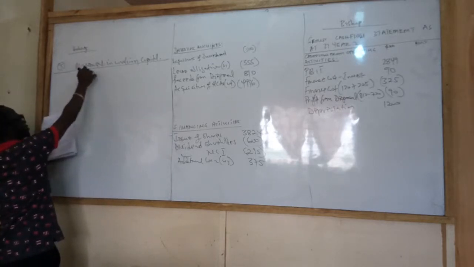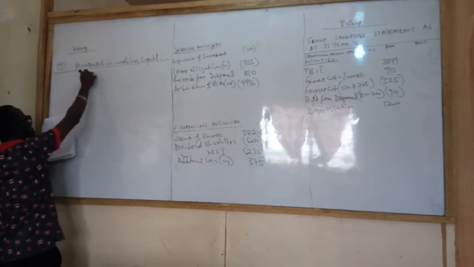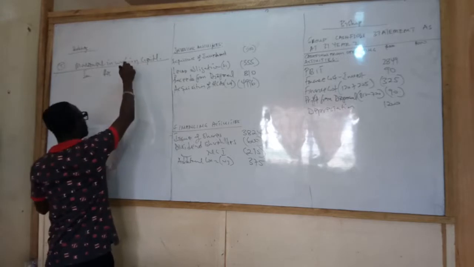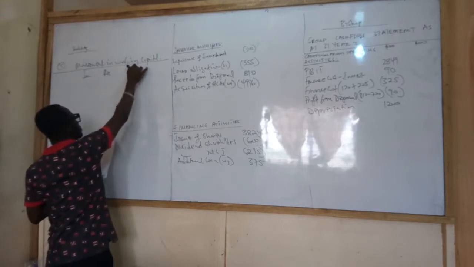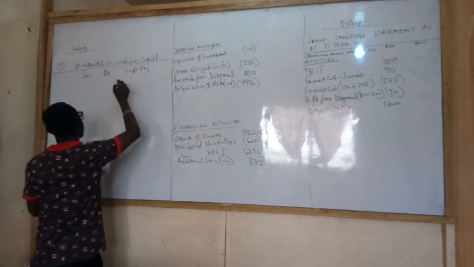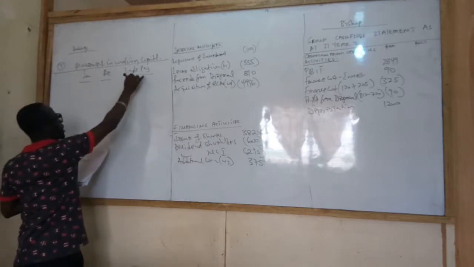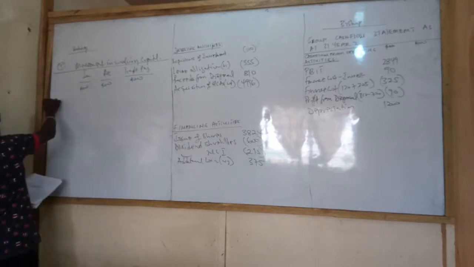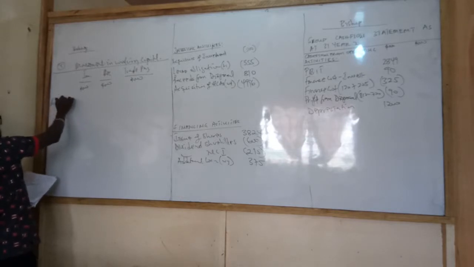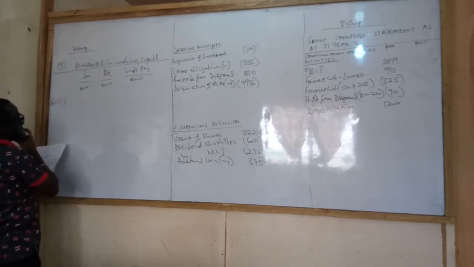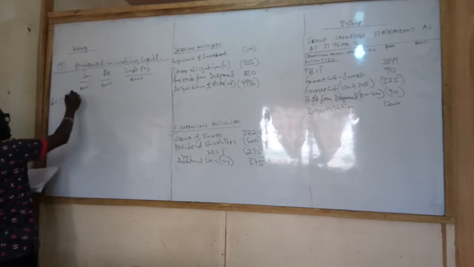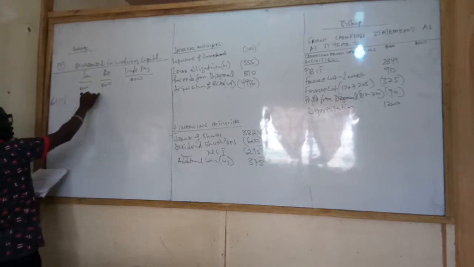Movement. Inventories. Let me put inventories here. Receivables. Trade payables. I think these are the only 3 things, right? So let's go for it. So what's the opening balance? Inventory, opening balance. 5,740.